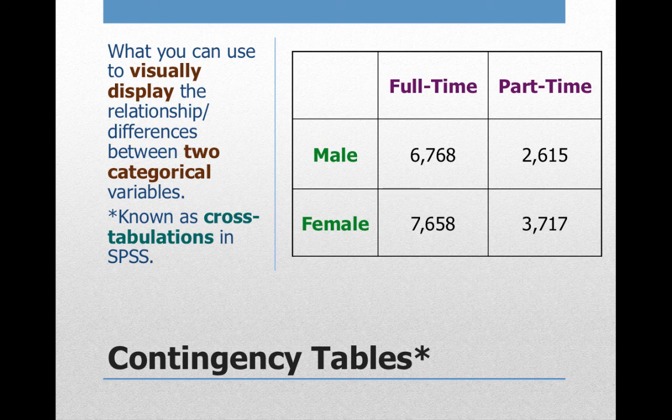Are you male or female? And do you work full-time or part-time? Then we can see our sample size, how many males there are, how many full-time workers there are, and how many female part-time workers there are, 3,717 female part-timers. So this is simply what we call a contingency table or crosstabs.